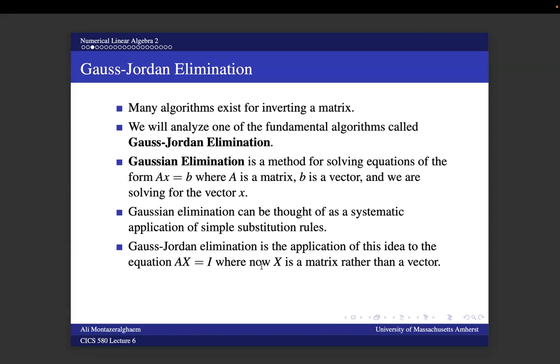And instead of X being a vector, here we have X as a matrix rather than a vector, right? So if we can solve this problem with Gauss-Jordan elimination, it means that X is the inverse of A, because A times X is equal to the identity matrix, right?